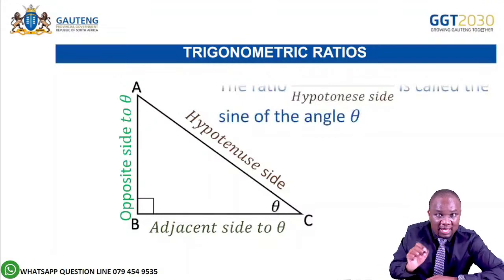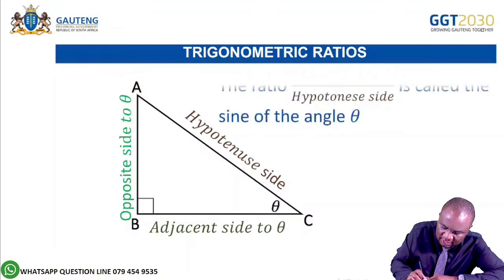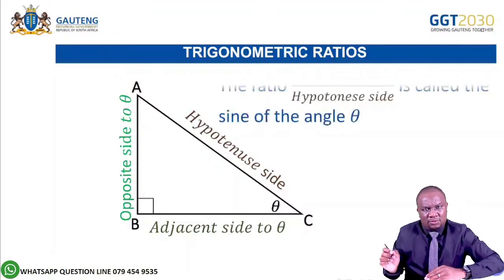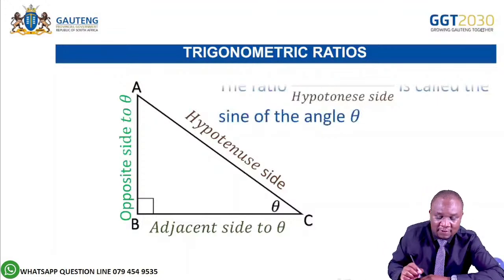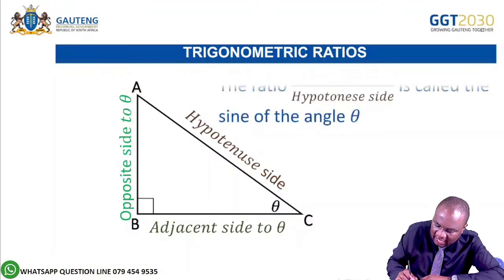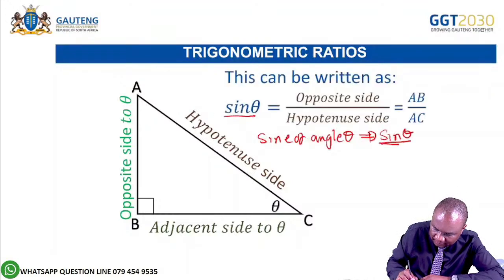I want you to add this. Just say sine of angle theta is written as sine theta.